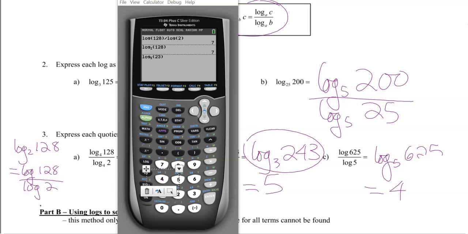Careful when you're doing that. 243, divided by, so we could do the actual expression, which was log divided by alpha F2 log base 5 of 3. Okay, and we should get 5.